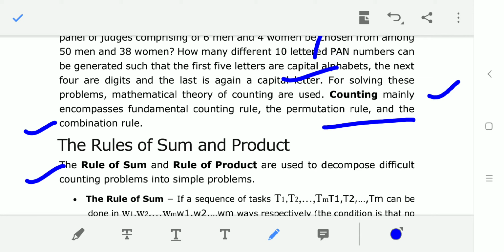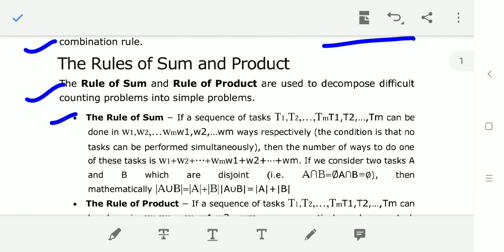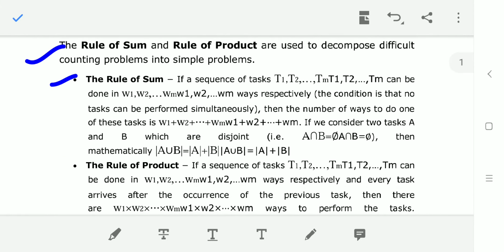The rule of sum: if a sequence of tasks T1, T2 up to Tm can be done in W1, W2 up to Wm ways respectively, and the condition is that no two tasks can be performed simultaneously, then the number of ways to do one of these tasks is W1 plus W2 up to Wm.